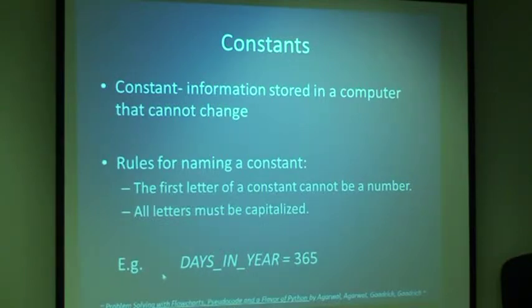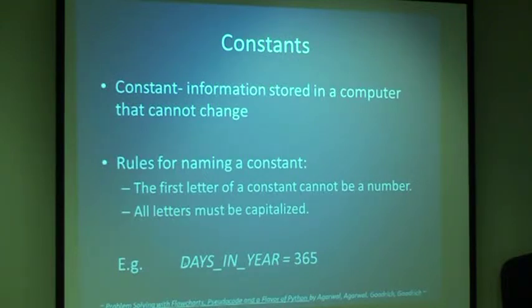Now, of course, if you have a single letter like capital X equal to 75, we will assume that it's a constant. If we have a small x equal to 75, we'll assume it's a variable, so we can change the value of x. And that's the reason for that convention, camel notation.